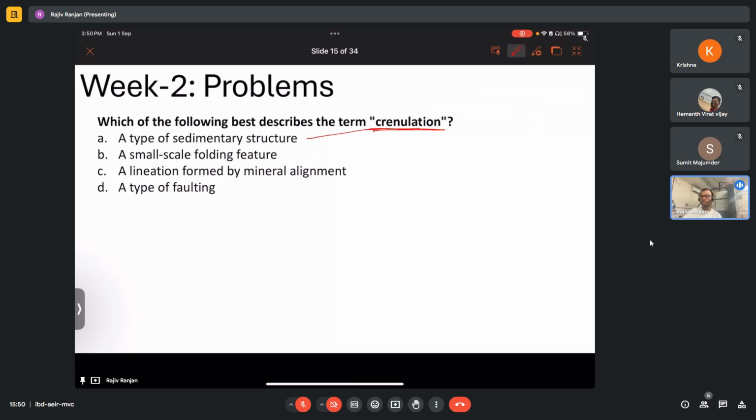Why? Because crenulation forms with at least a minimum of two stages of deformation. So there must be deformation and a second stage of deformation. So option A is incorrect.